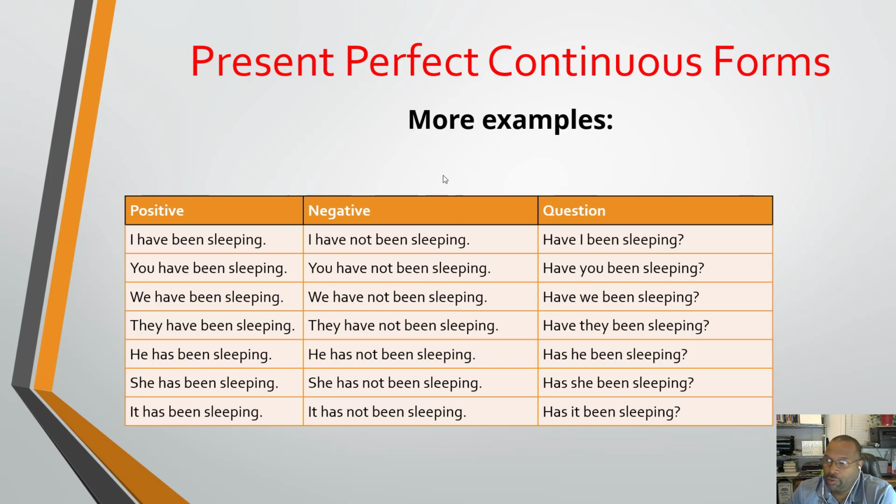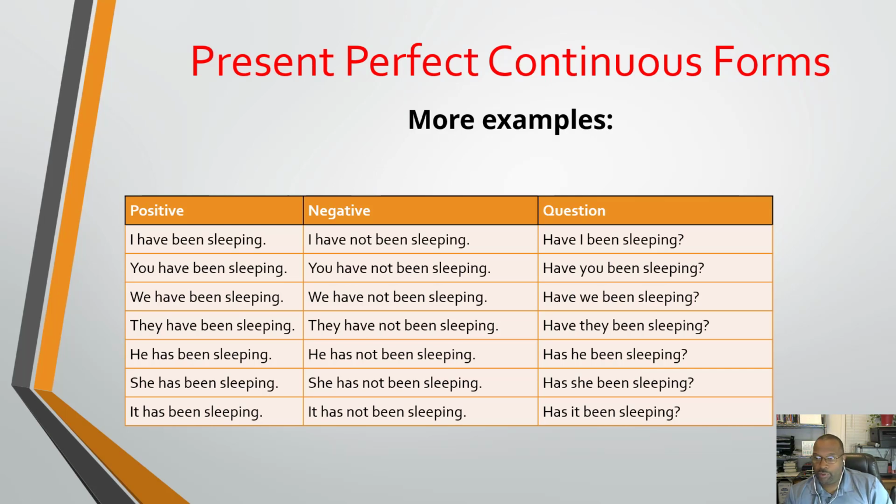All right. So hopefully you understand present perfect continuous forms, how things change here. It's pretty much the same as the other forms, okay, with the exception for questions. Okay, questions change. All right. Okay, so let's move on.